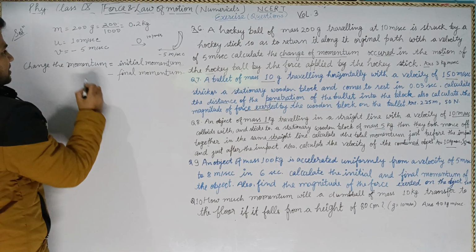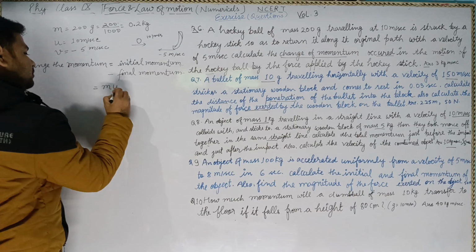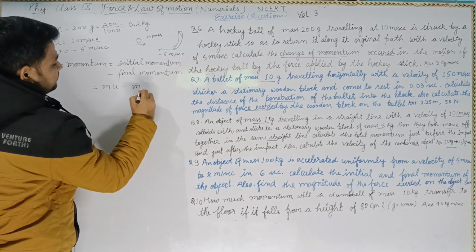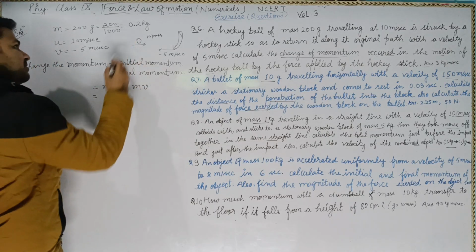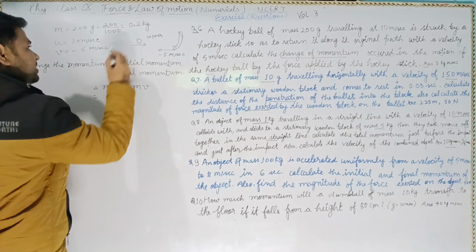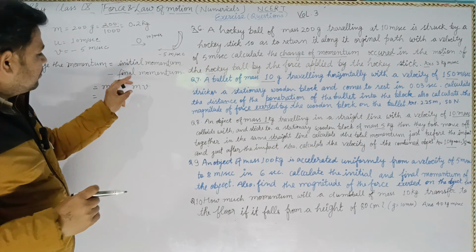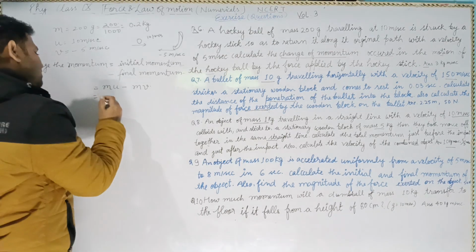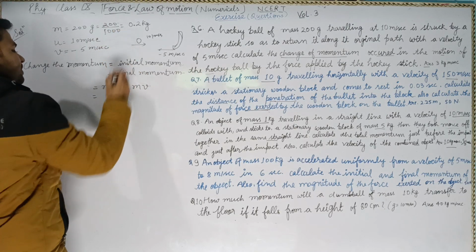Initial momentum is mu, minus final momentum is mv. Mass is the same, that is 0.2, and we can take the mass common.